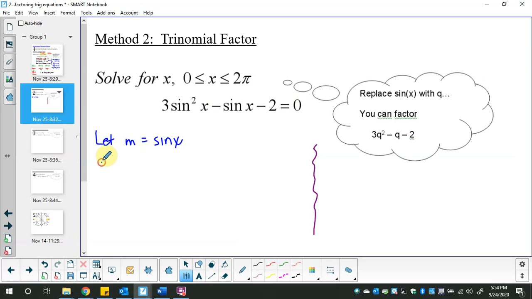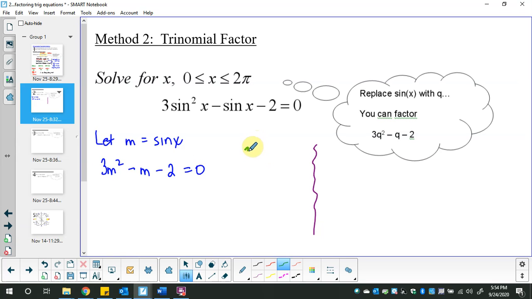So that turns it into 3m squared minus 1m minus 2 equals 0. And then I can take this, which is a complex trinomial from grade 9 or 10 or 11, and we can do our little scribbly method, which I'm going to do here.